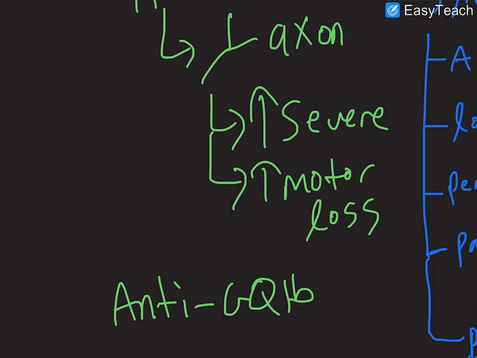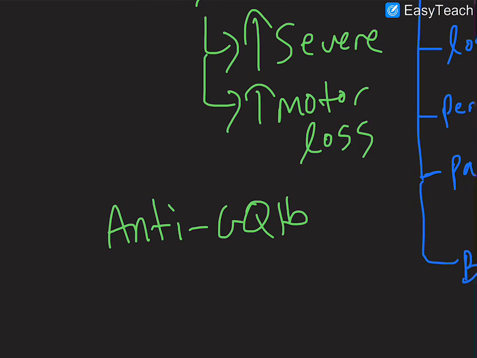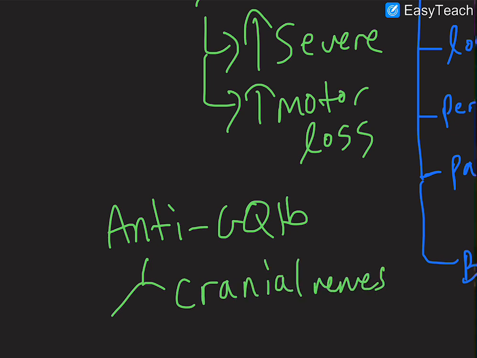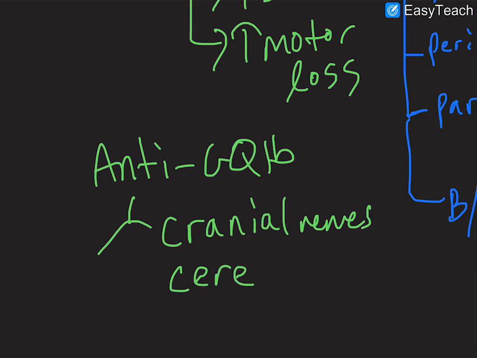anti-GQ1B antibodies. Okay, and what these antibodies target are the cranial nerves. It can target the cranial nerves, and it can target your cerebellum, specifically your cerebellar neurons. So let's see what will happen here.